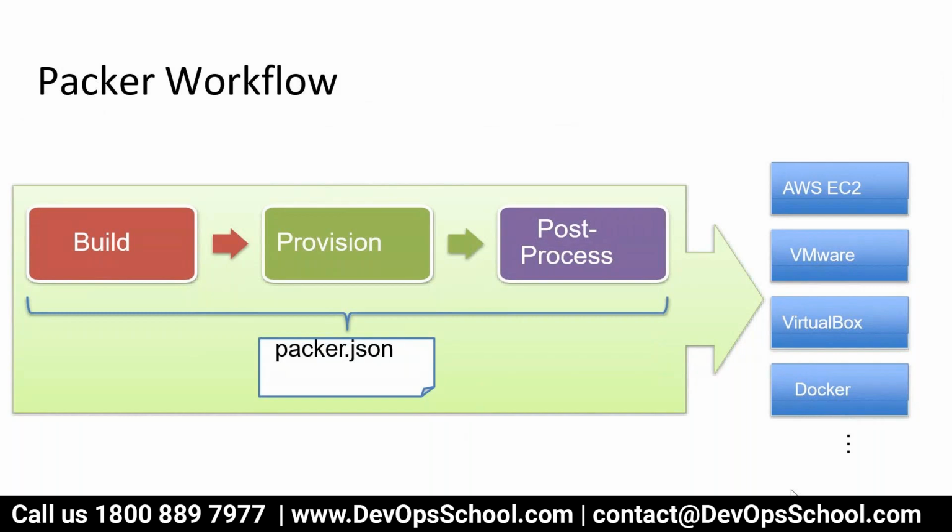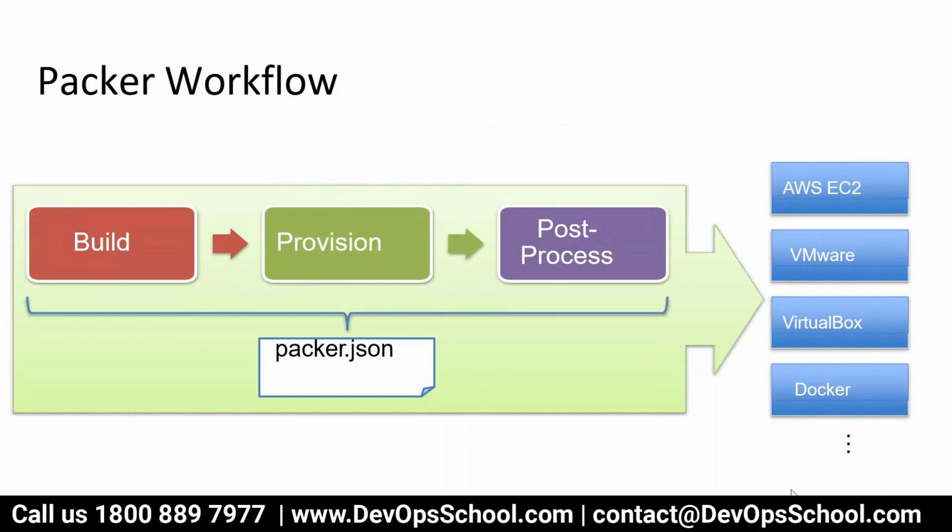So what is a build? Build means create an image. Here, create an AWS image or VMware image, that is called the build process. Provision means whatever image you created, if you want to make certain changes in that image, then you can use the provisioner for that purpose.